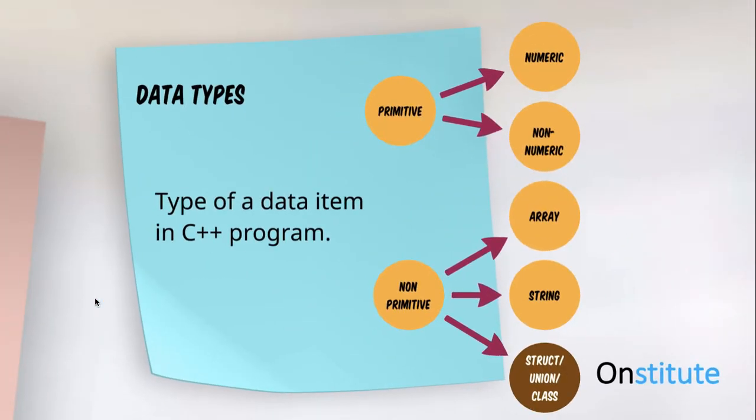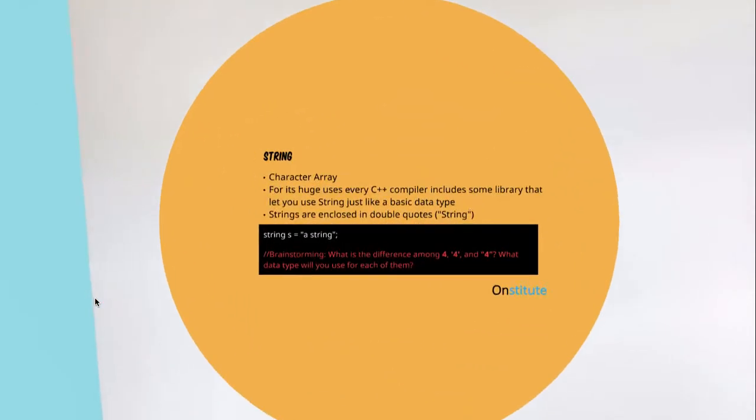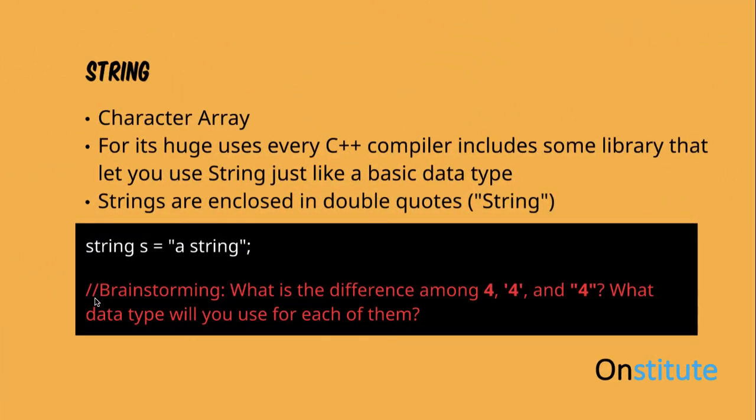The second one is string. String is basically a character array. However, for its huge use cases, every C++ compiler includes it as if it were a primitive data type, so that you can use it as a primitive data type, although it is not. And the declaration is just the same.